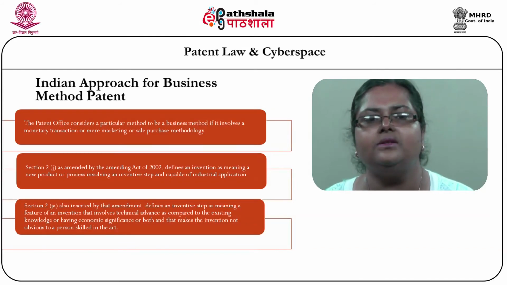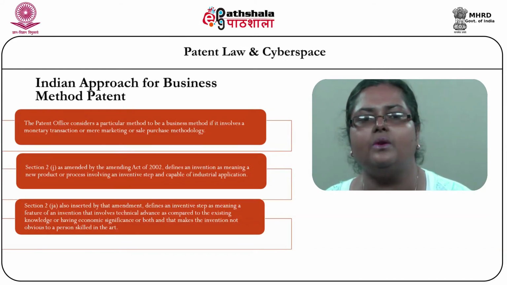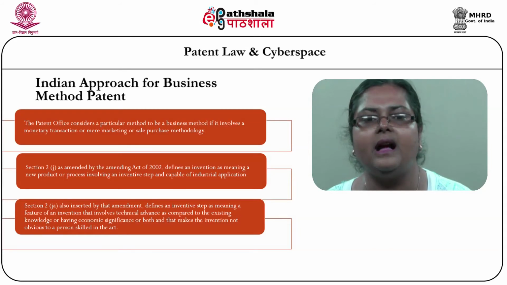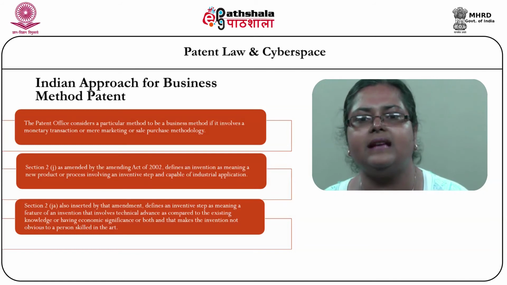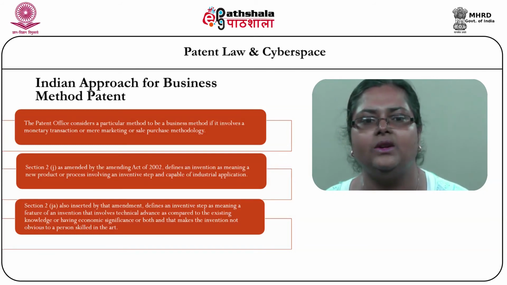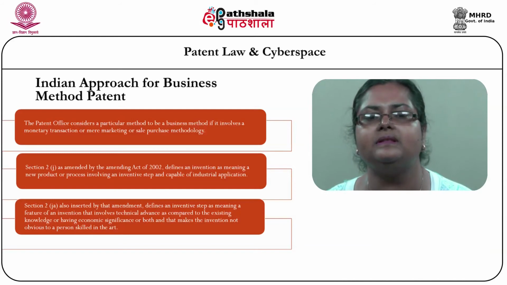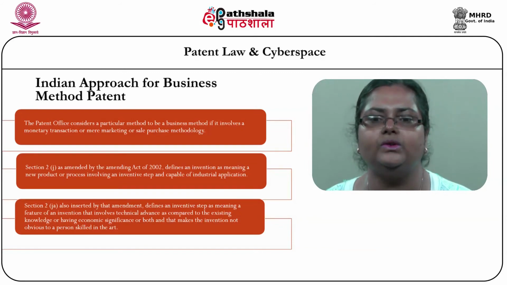Even section 2(1)(ja), also inserted by that amendment, defines an inventive step as meaning a feature of an invention that involves technical advances as compared to the existing knowledge or having economic significance or both, and that makes the invention not obvious to a person skilled in the art. The government tried to extend broader protection to software inventions.